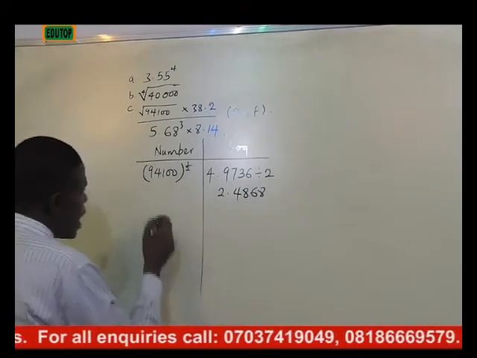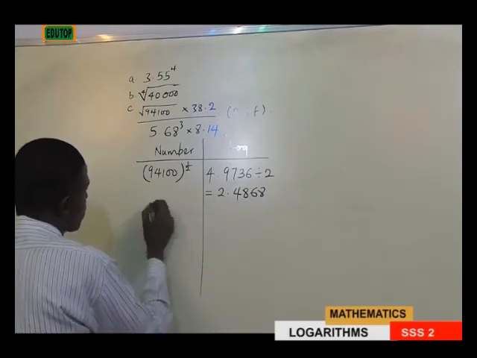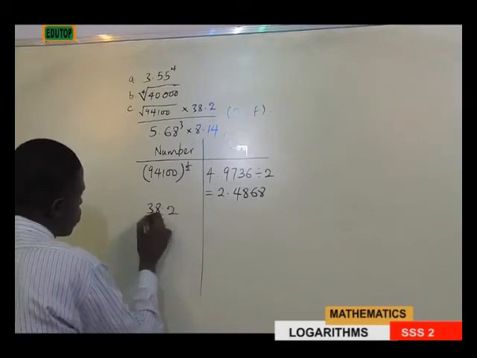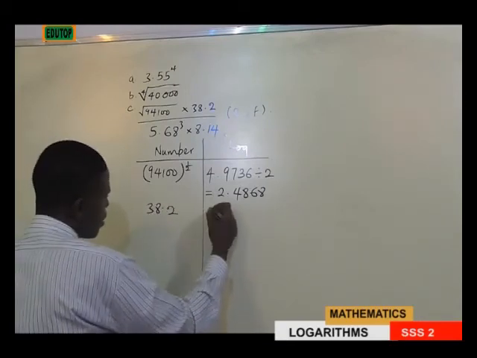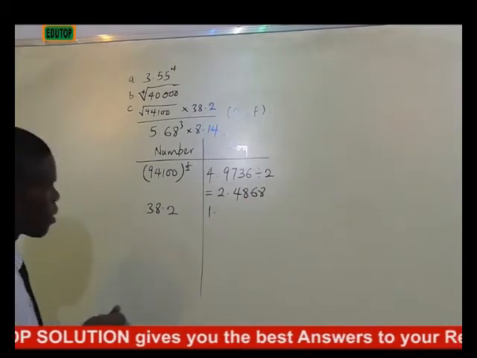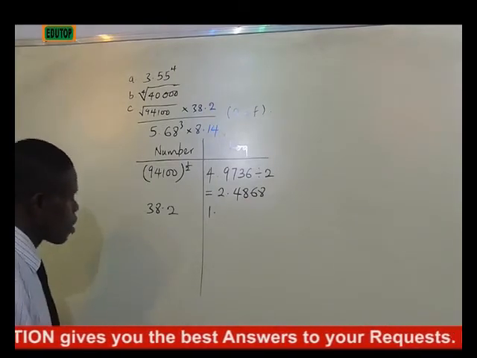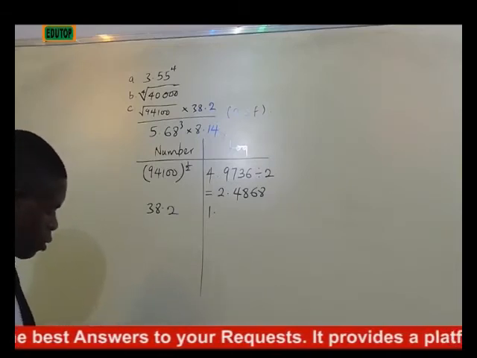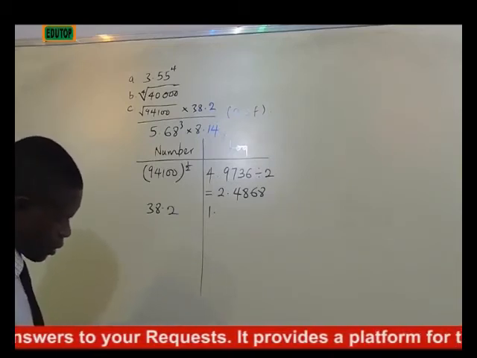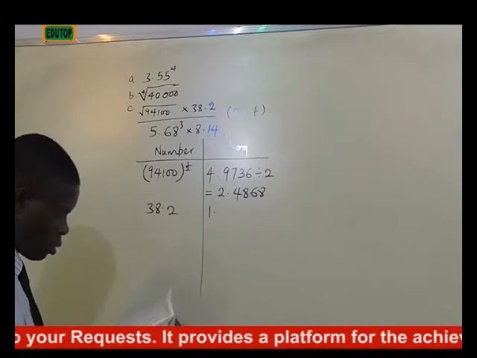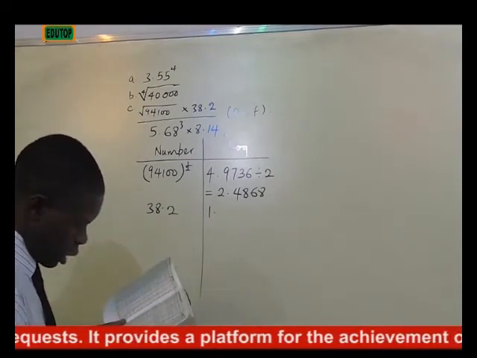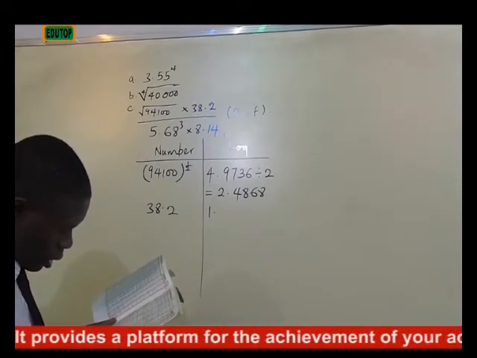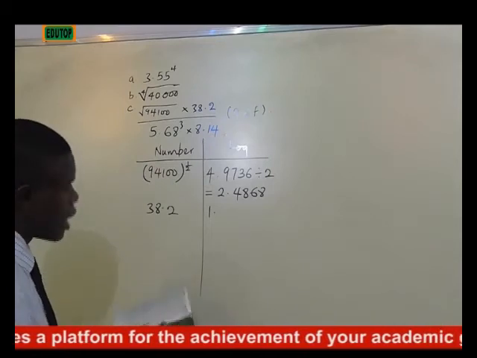Then the second one is 38.2. There is a digit before the decimal, so mathematically the characteristic will be 1. So we check for logarithm of numbers, 38 under 2, which is 5821.